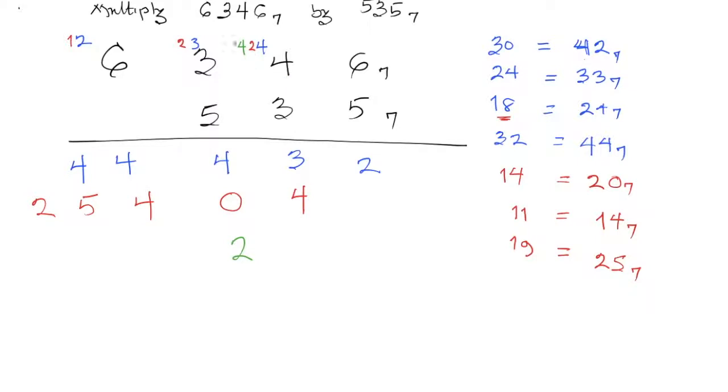5 times 4 is 20 plus 4, that's 24. 24 in base 7 is 3 sevens, which is 21, 3 bunches of 7 and 3 remainders. So that's 3. We move our 3 right here. 5 times 3 is 15 plus 3 is 18. 18 in base 7 is 2 bunches of 7, which is 14, and the remainder of 4, which is what we have here.